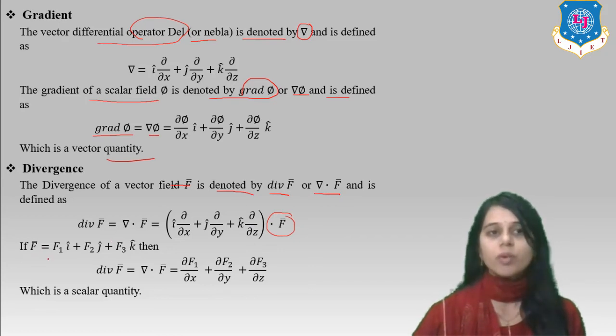What is f bar? F bar is f1 i caret plus f2 j caret plus f3 k caret. So we take del f1 by del x, because i dot i is 1, j dot j is 1, and k dot k is 1. So we say that it is del f1 by del x plus del f2 by del y plus del f3 by del z, which is a scalar quantity.